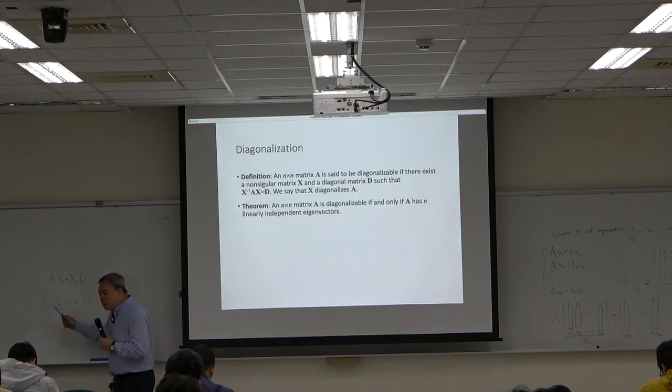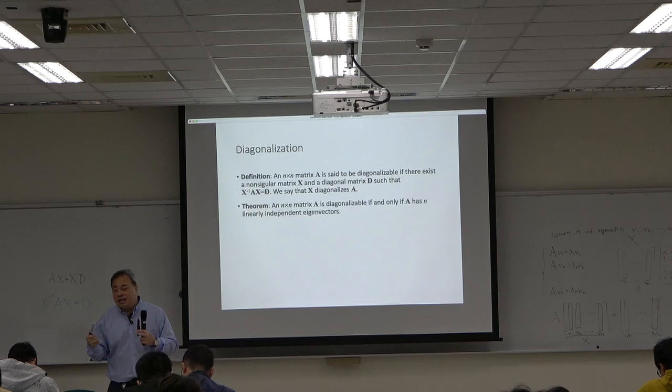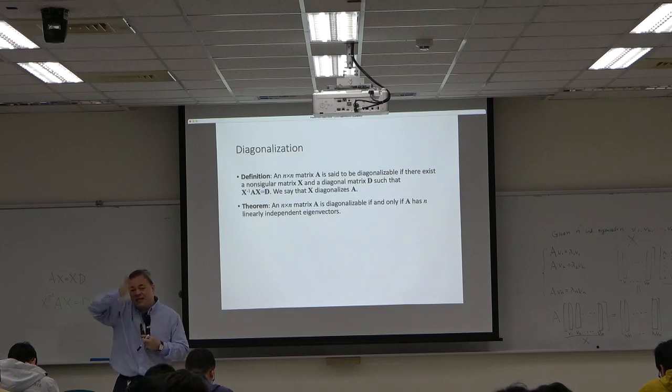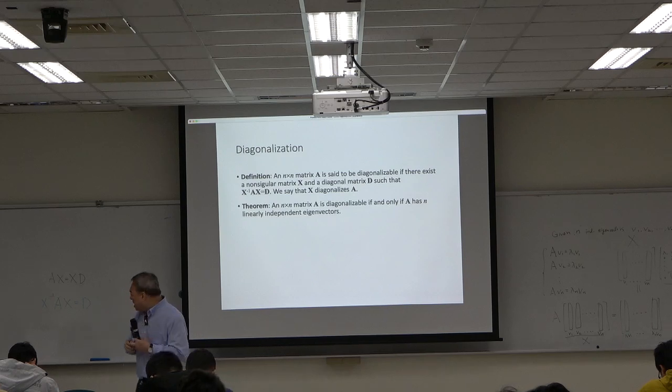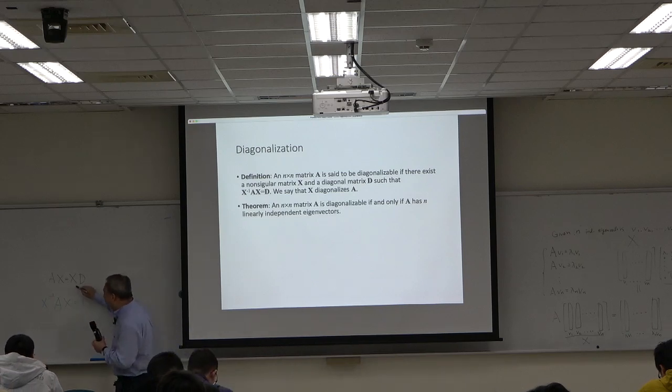In other words, X is non-singular. So you treat each column in X as a column vector, and from here you get AX equals XD.